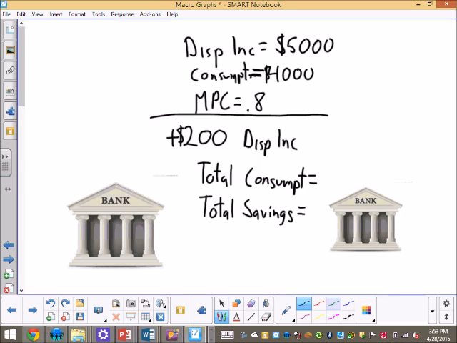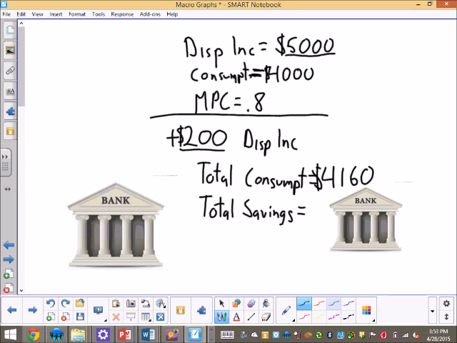All right, so if you were going to solve total consumption spending, what should that be? What the new consumption spending is? Yeah, 4,160. Okay, I thought you wanted me to subtract it. So there's going to be a total of $4,160.